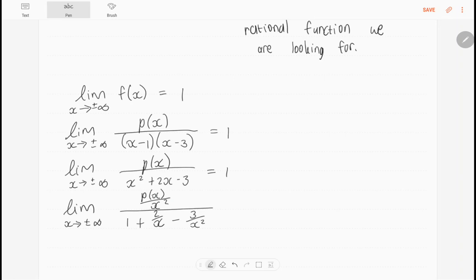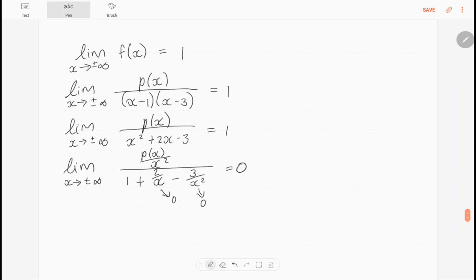So what is going to happen to these two terms if x approaches infinity? Well, they will both approach 0. So this one will approach 0 and this one will approach 0. So what this means is that the limit as x approaches plus or minus infinity of p of x over x squared, sorry, that's a mistake, it's supposed to be a 1, has to be 1.